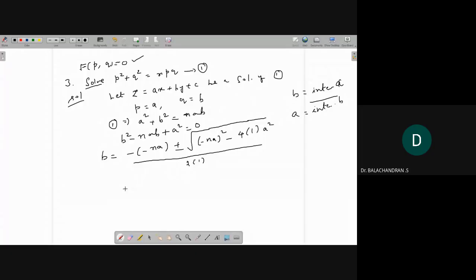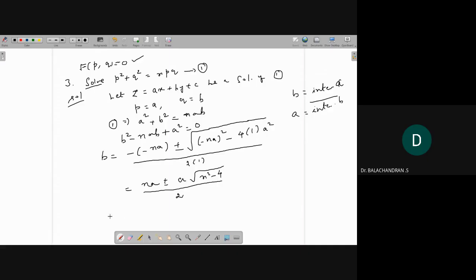So this is equal to na plus or minus, if you take a square commonly, you will get a, root of n square minus 4, by 2.